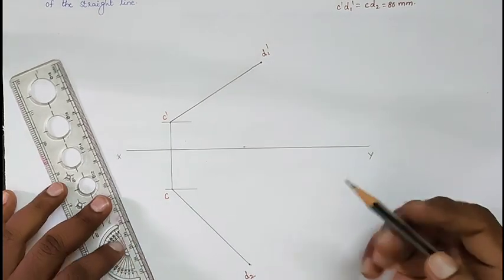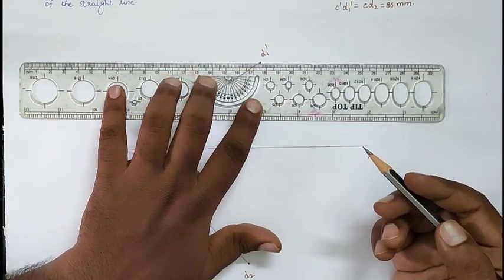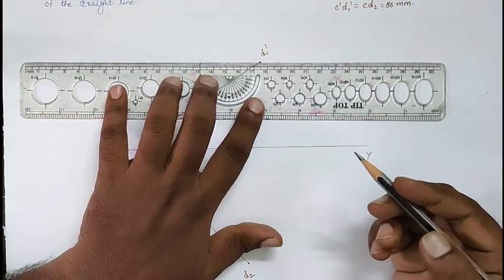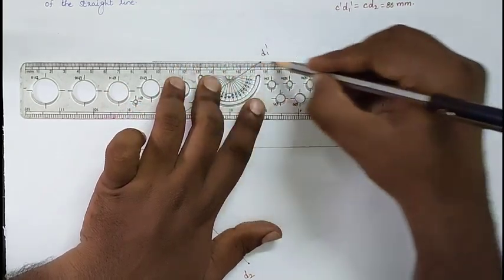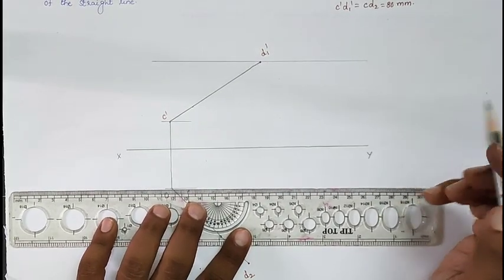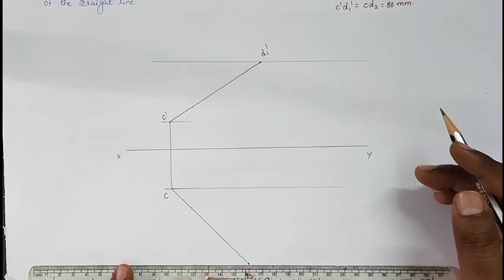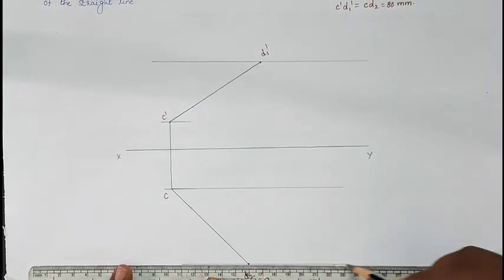Now from all the points we will draw the horizontal projection lines. So you can follow the same procedure. From point C dash, from point D2, we will draw the horizontal projection lines.